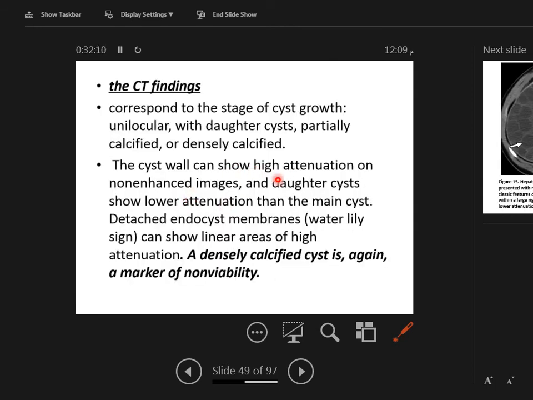CT can show the lesion on non-enhanced images and the daughter cysts. The matrix will be of mixed iso-dense, but the daughter cyst hypodense, the fluid density.